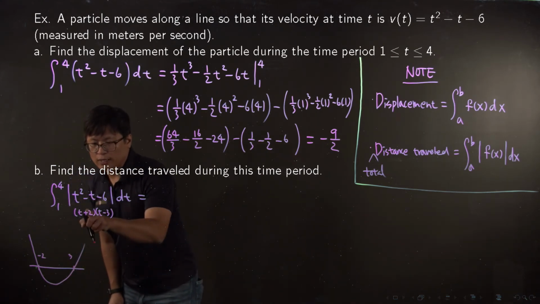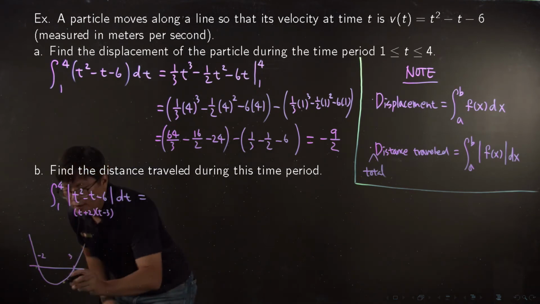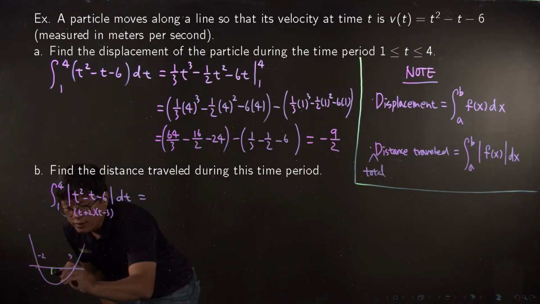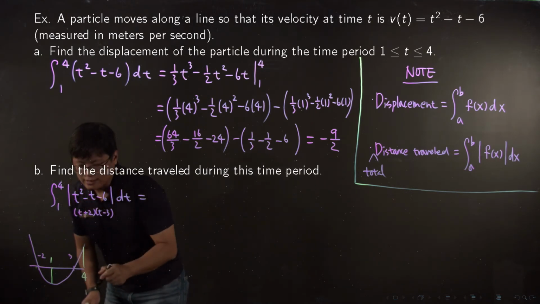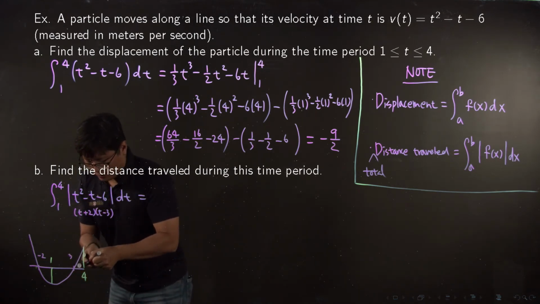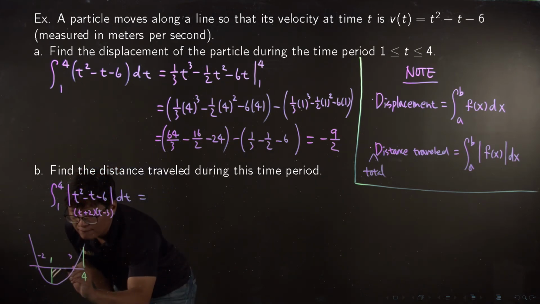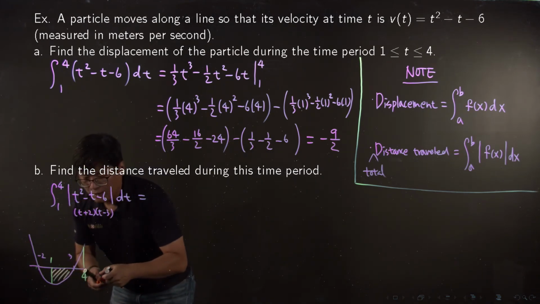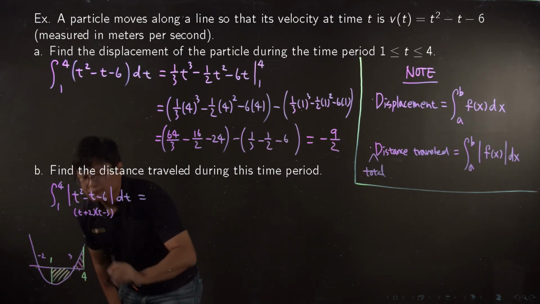But we would like to talk about 1 to 4, right? So 1 is somewhere here, and 4 is somewhere here. Can you see this guy? There are 2 parts, right? 1 to 3 is negative, and 3 to 4 is positive.